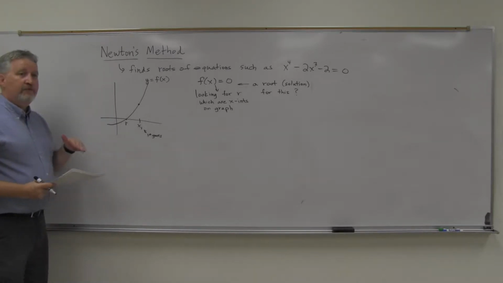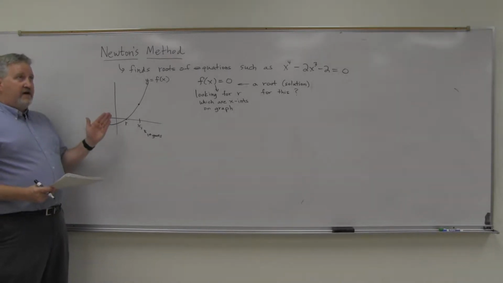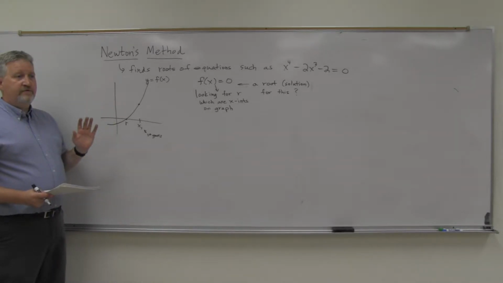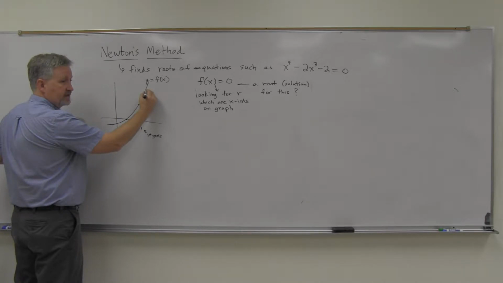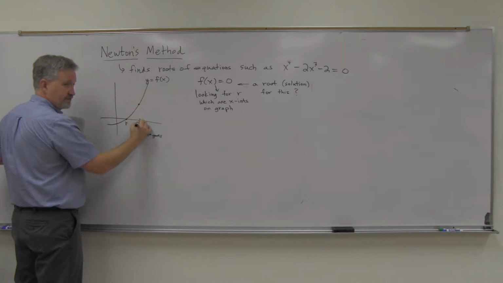Newton's method says the next step, the x2 that comes from Newton's method, comes from the x-intercept of the tangent line of my first guess.